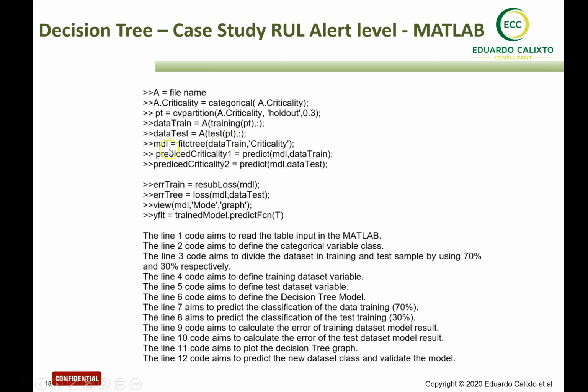And then of course we can predict the class of data training, predict the class of test, and we are also able to calculate the error of the training data and the error of the test data.